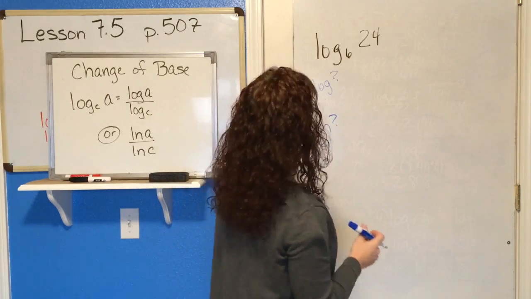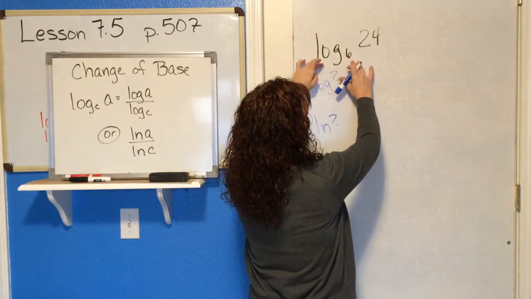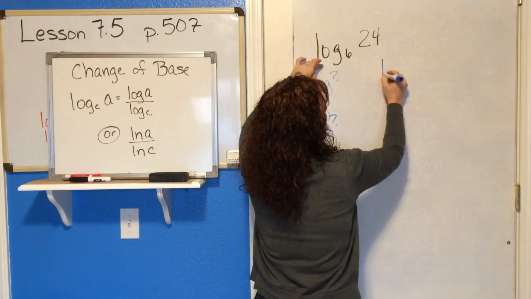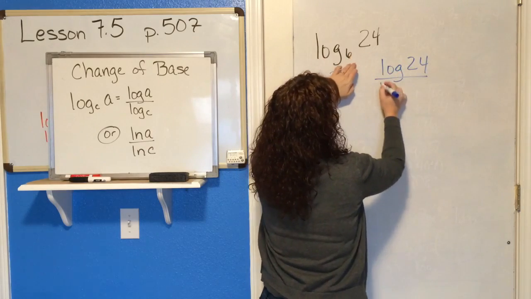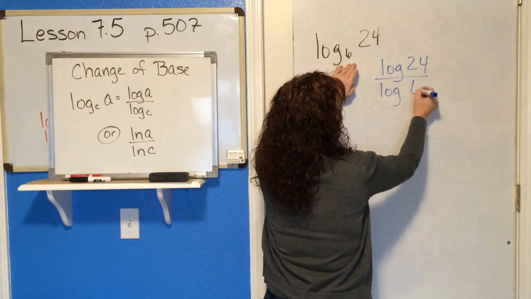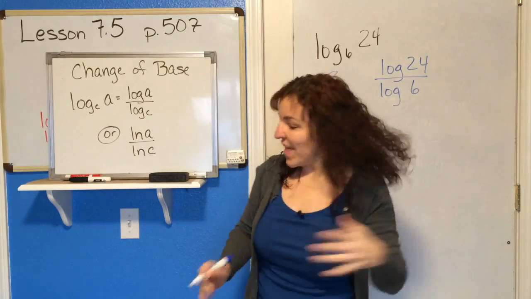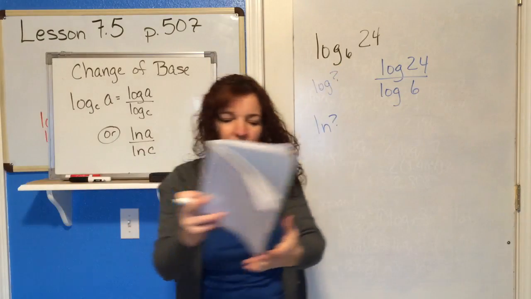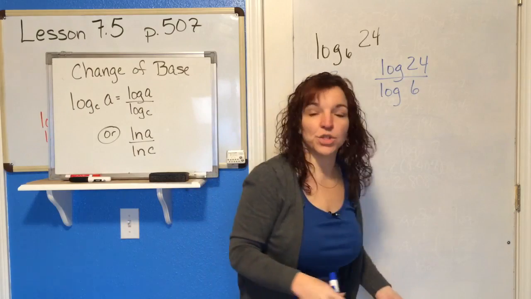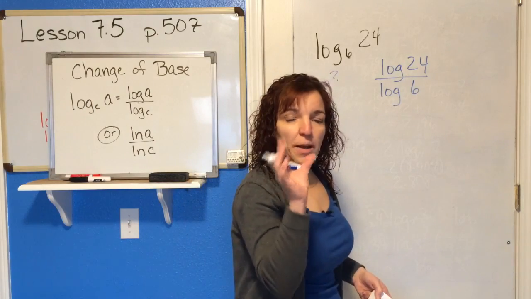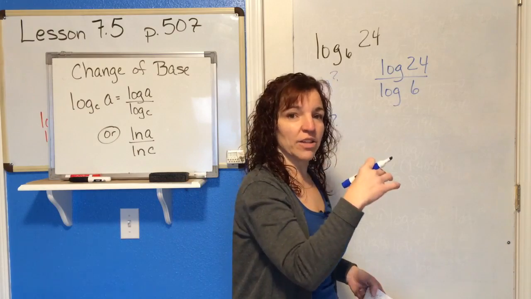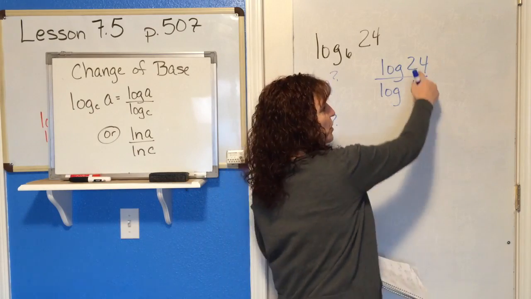So you're going to use your formula and you're going to say, well, this now becomes log base 10 of 24 divided by log base 10 of 6. And then, easy, easy, easy, all you'll do is use your calculator. And hit your calculator if you've got just a calculator on your phone. You're going to have to put in the 24 and then log.